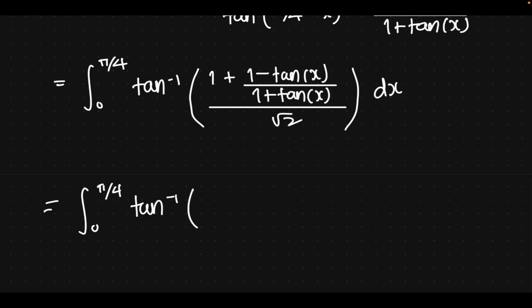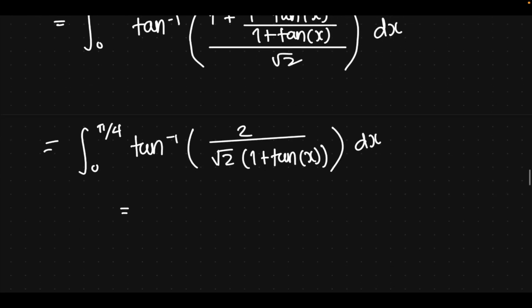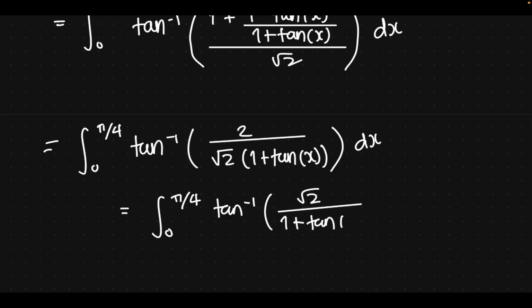Tan inverse of, once we simplify this, becomes 2 over square root 2 times (1 plus tan x) dx, which can be further simplified. Tan inverse of square root 2 over (1 plus tan of x).